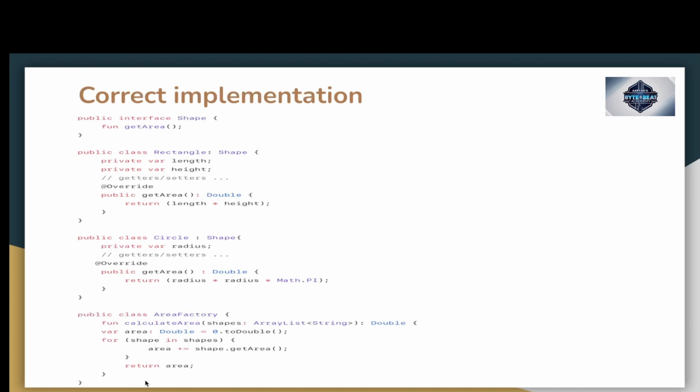The base functionality is calculation of the area, so that is not being changed at all. Because we can pass Rectangle, Circle, and add two more classes like Square or Triangle, this code will not be changed and will keep working for our code base. So that is the open close principle of the SOLID principles.